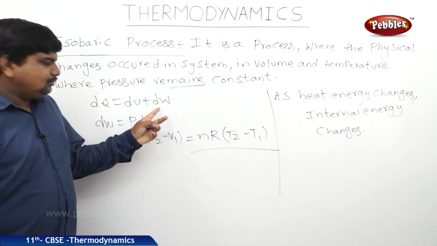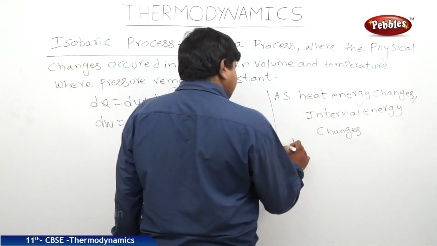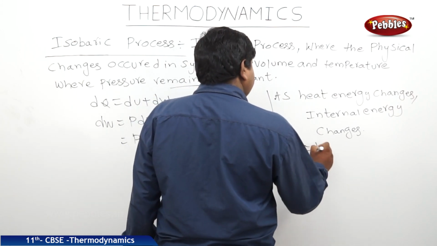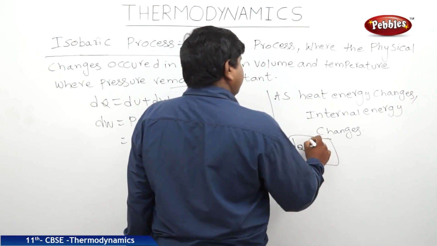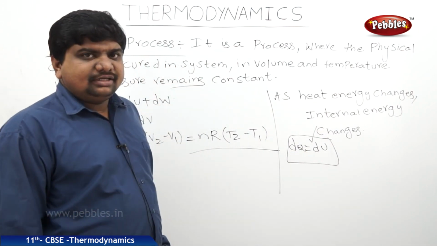Because the work done is fully dependent on dw is equal to pdv, therefore we can say dq is equal to du. When heat energy exchanges or changes, du will exchange or change.